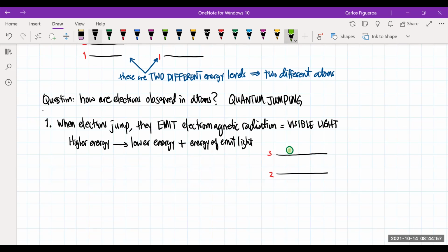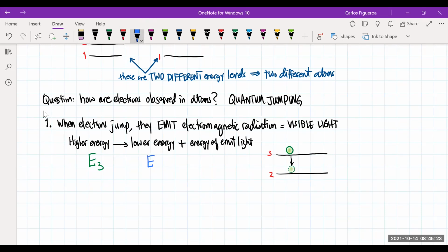This is energy 3. So what happens now is that the electron falls to right here, right? It falls to here. So when I see this, this is the jump. So what did it do? It moved from a higher energy to a lower energy.